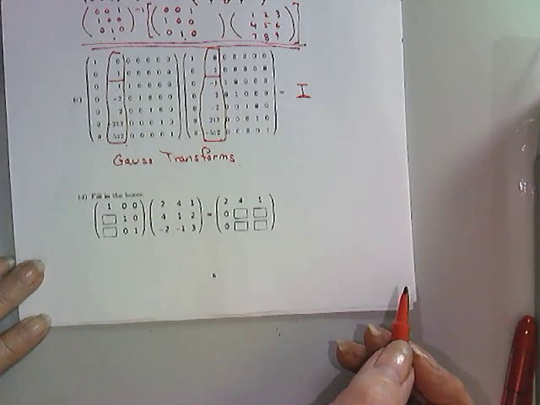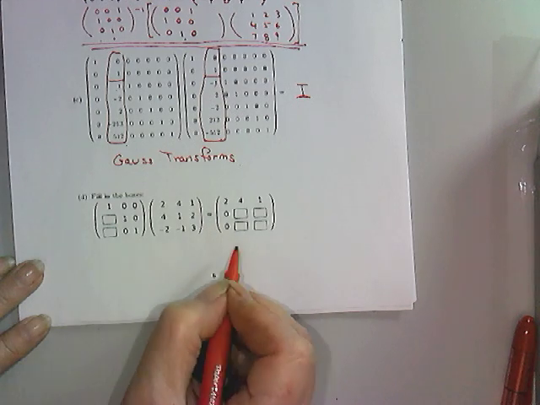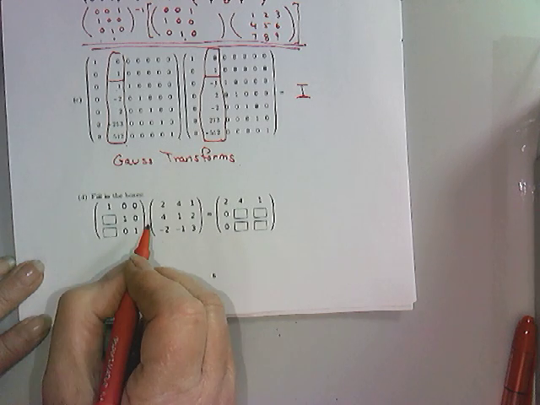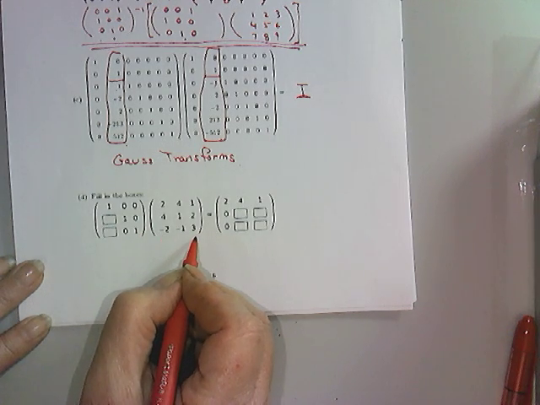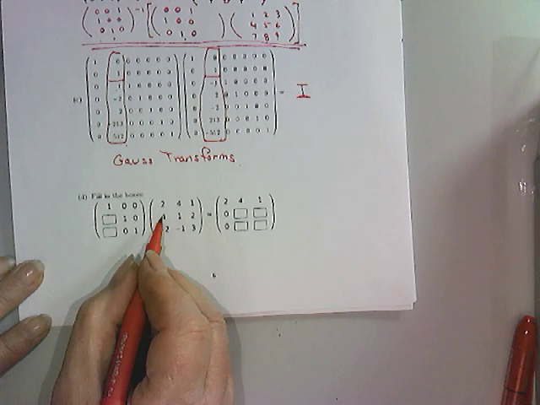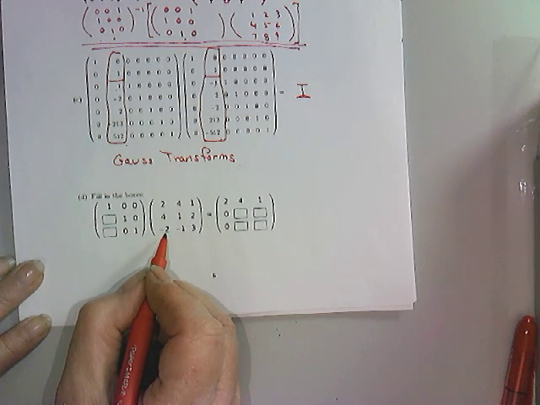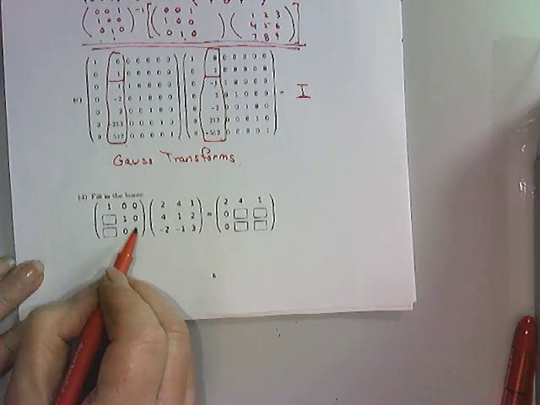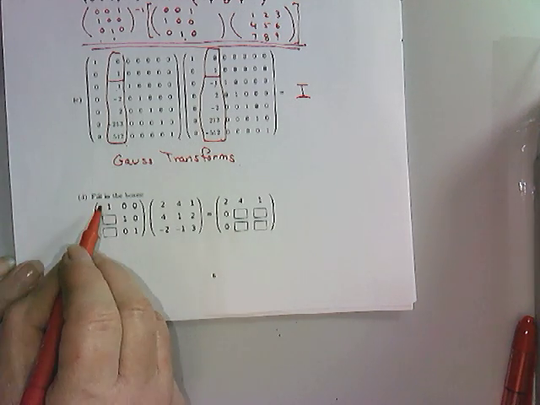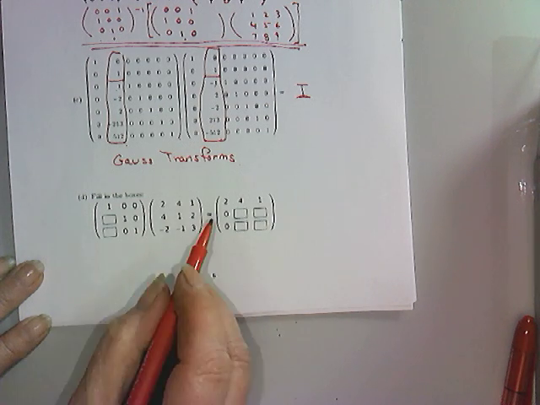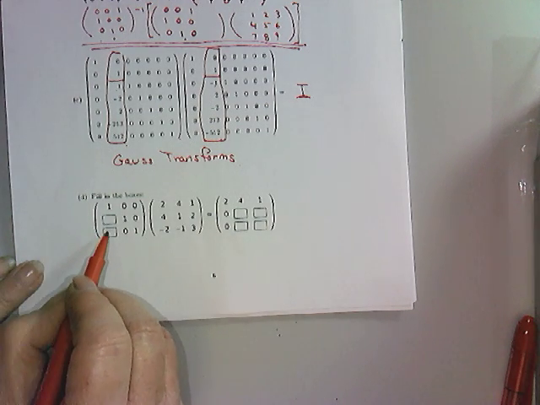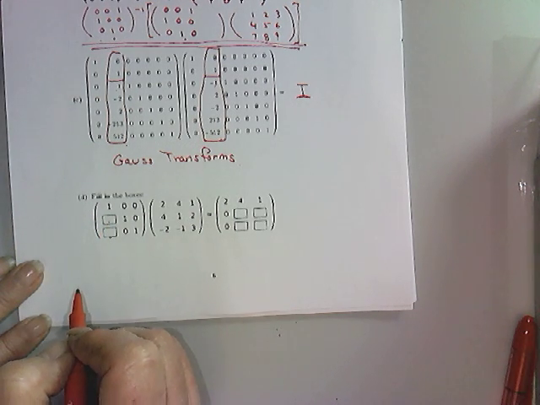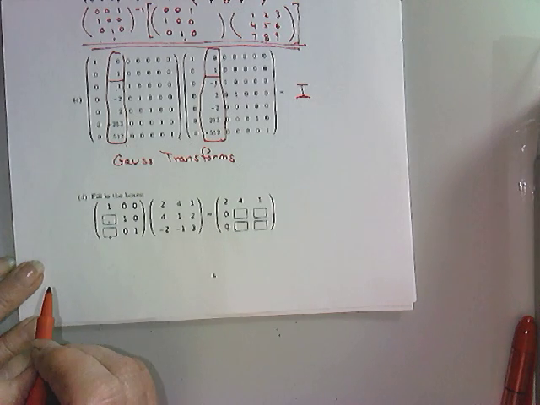Now the last question, what we need to do is fill in the boxes. And notice the action we want to perform is we want to take this 3 by 3 matrix and zero the entries in the first column below the diagonal. In other words, we want to just perform the action needed to create an upper triangular matrix. And so we first need to fill in these entries for the Gauss transform that will do this zeroing for us.